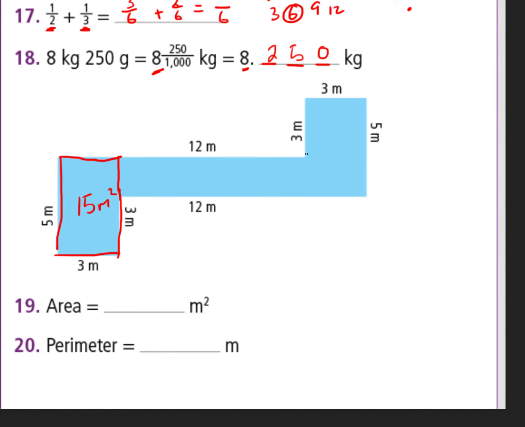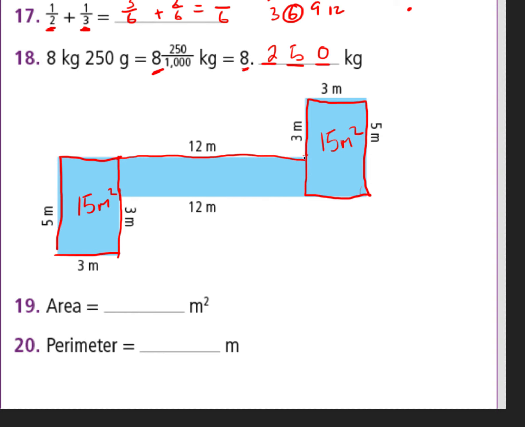There's another rectangle up here, and it is 5 times 3 as well. This 5 here long and 3 wide, so that's 15 meters squared. And now all we have to do is find out the area of this rectangle in the middle here. Now that's a little bit trickier, so be careful that you don't put down 12 for this distance here.